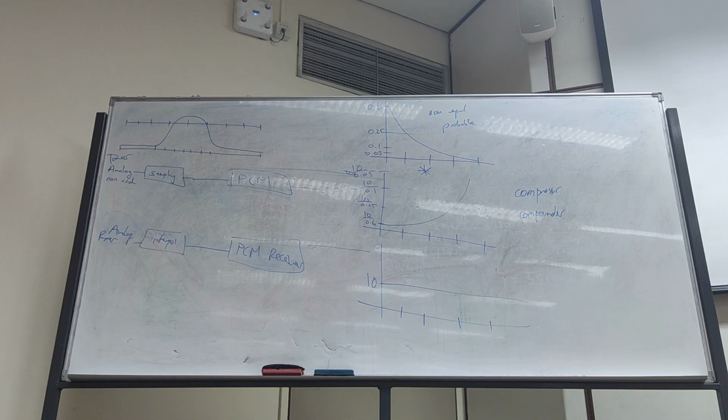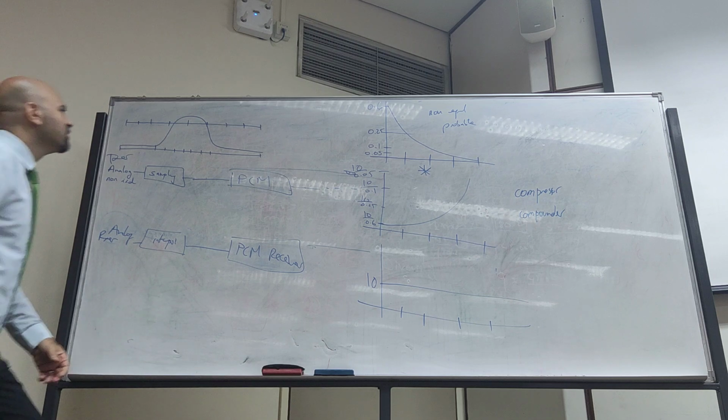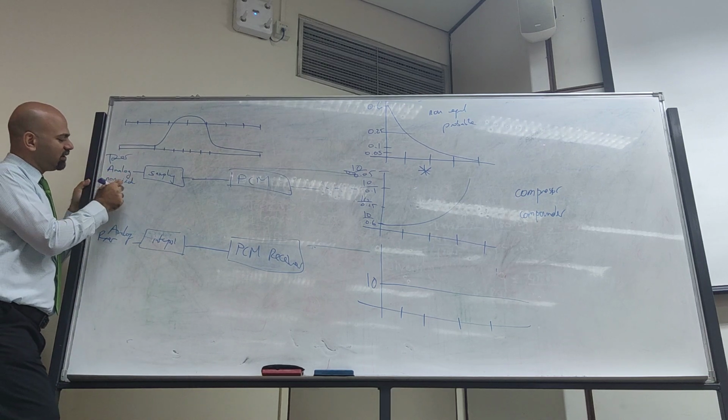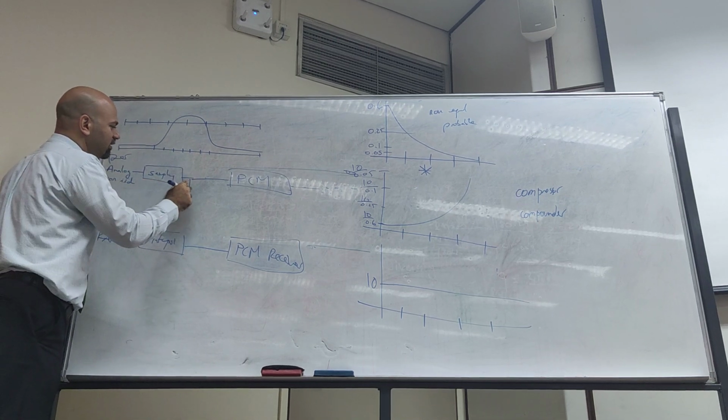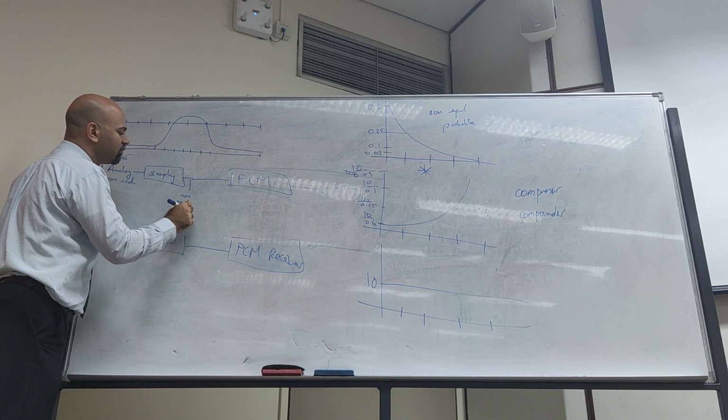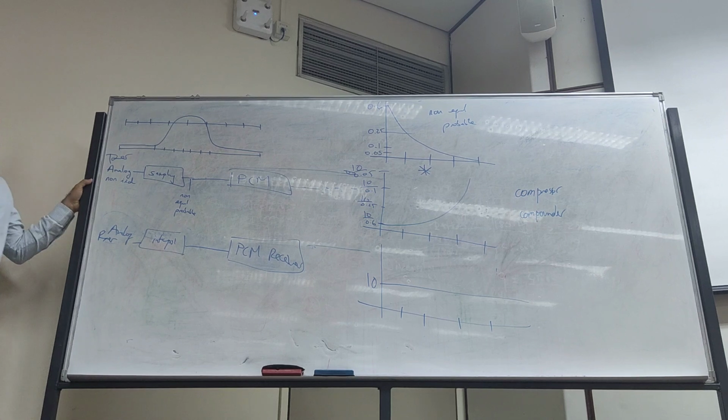Sam, stay with us. Done, can we? So let me repeat. Here the samples are non-IID and non-equal probable. PCM will not work, guys. Whenever they are non-equal probable, the PCM will not work.